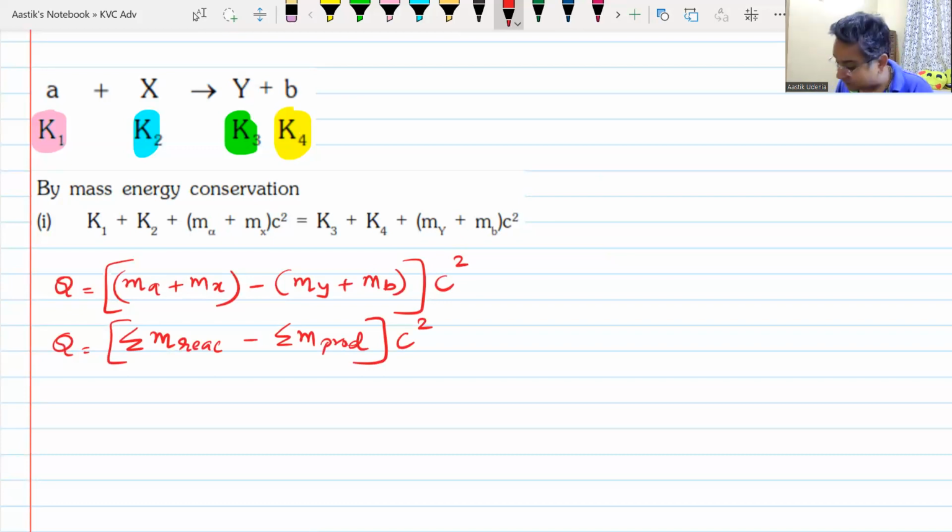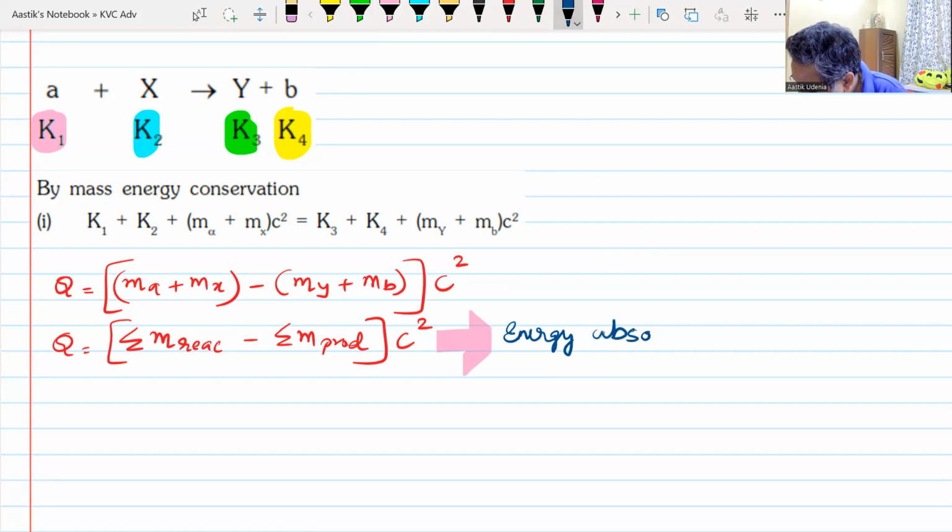This factor Q is known as the Q value of this reaction, and this Q value basically tells us the energy absorbed or released in this reaction. Do we understand this? Yes.